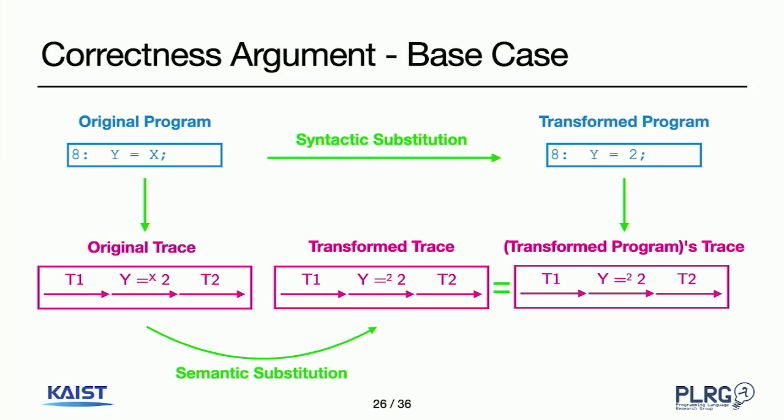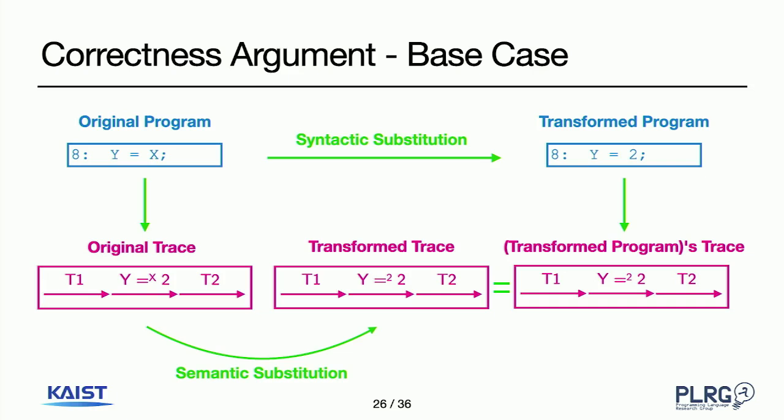When the original program is transformed with syntactic substitution with the matcher output, it produces the transformed program. And a trace which has the original program trace as a subpart is transformed with semantic substitution with the matcher output.